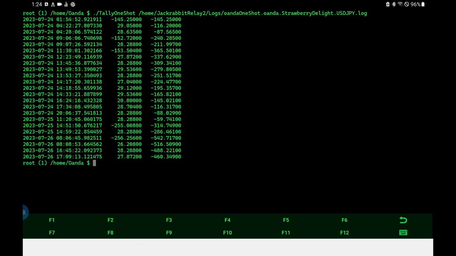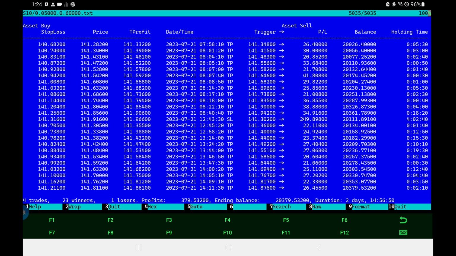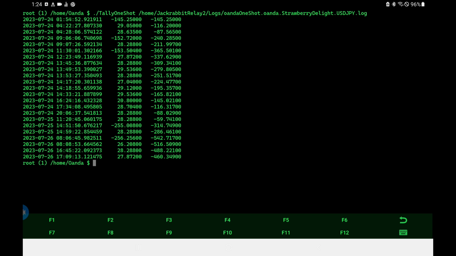So if you divide by 20, you get the amount you actually would lose. So why is this different than this? This shows an incredible run. This, on the other hand, does not.